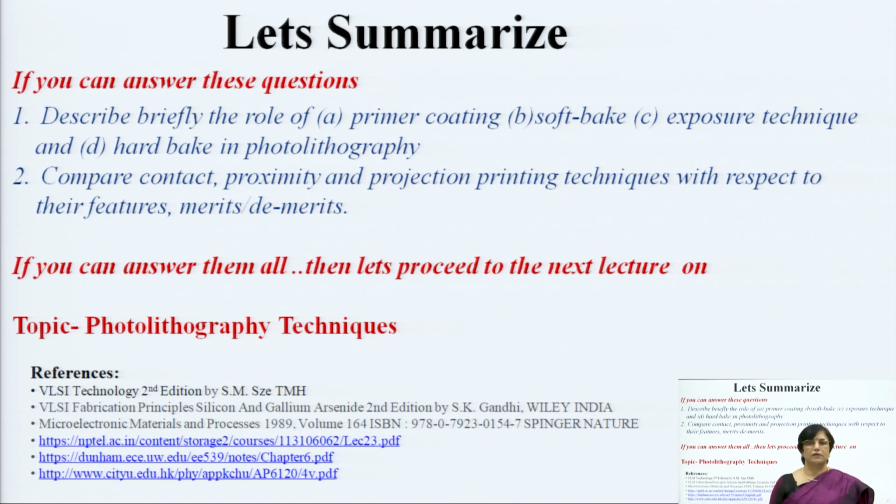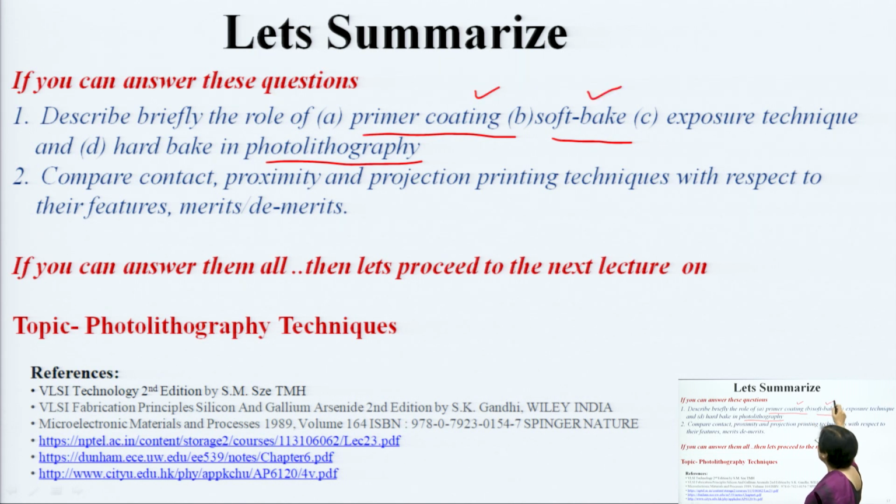If your concepts related to these are clear, you will be able to answer these questions: the role of primer coating, soft bake process, exposure technique and the hard bake in photolithography. Primer you do for improving the adhesivity, soft bake you carry out to improve the adhesivity of the photoresist, and exposure you carry out so that the properties of the PR will change and the pattern will get successfully transferred.